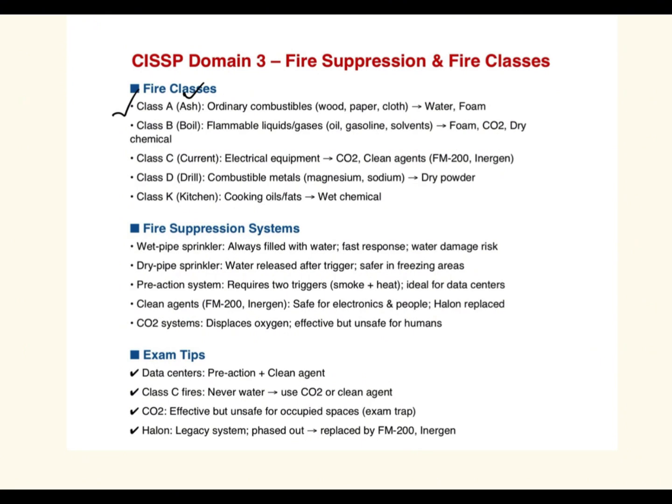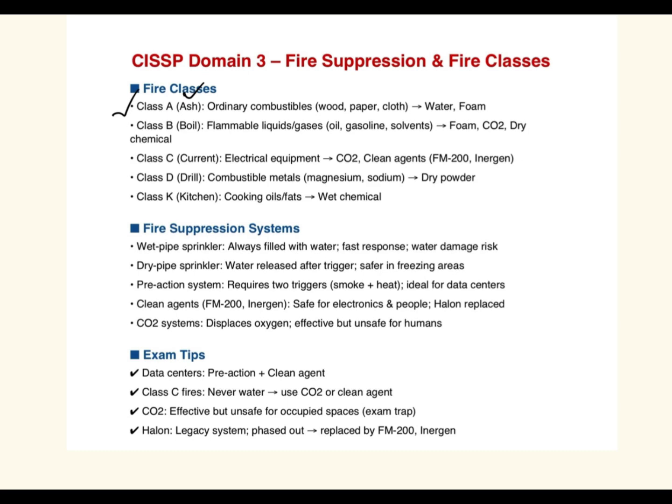We use foam, CO2. CO2 removes oxygen, or dry chemicals, but we never use water because water could spread the liquid. When gasoline or liquids are burned, we always use foam and CO2.